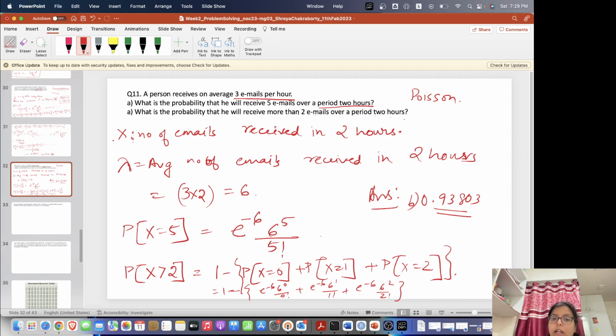This is the point that I wanted you to understand. It's fine, right? Yes. So if the question was over a period of 30 minutes, then lambda would have become 1.5.